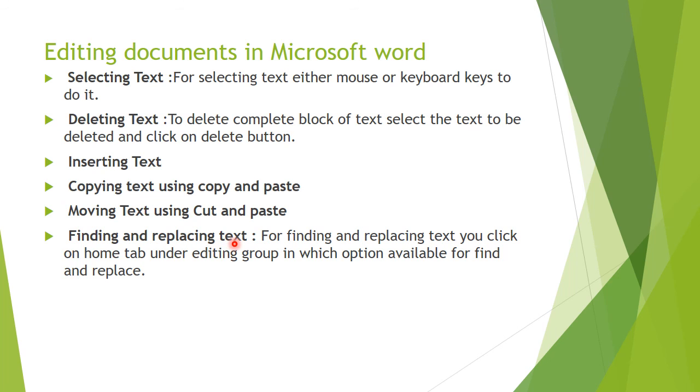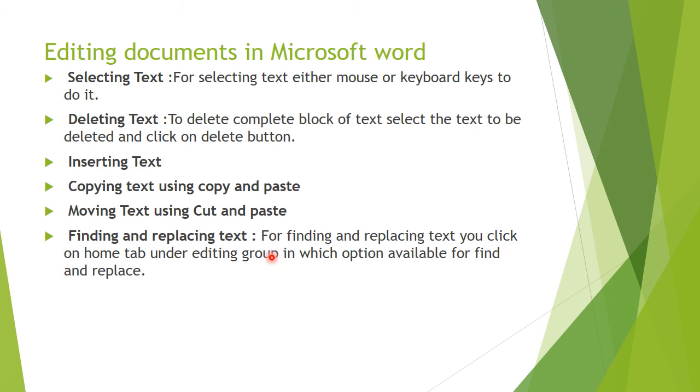Our last topic is finding and replacing text. If you want to find something in the document, you simply press Control F, or for finding and replacing text, you click on the Home tab. The Home tab is available on the top side.